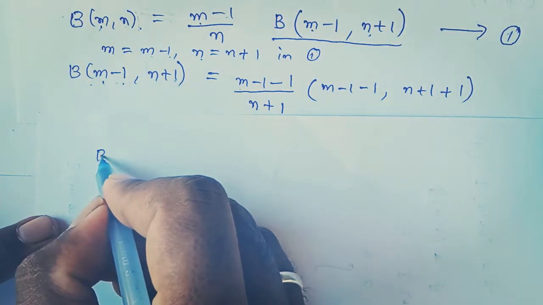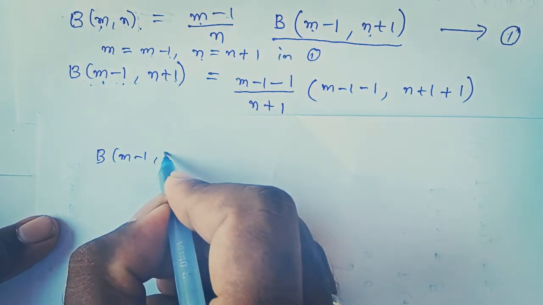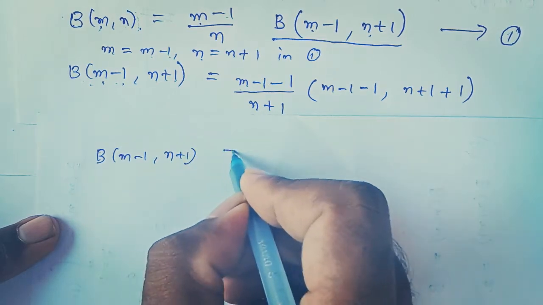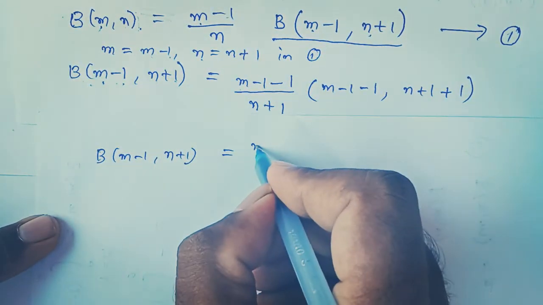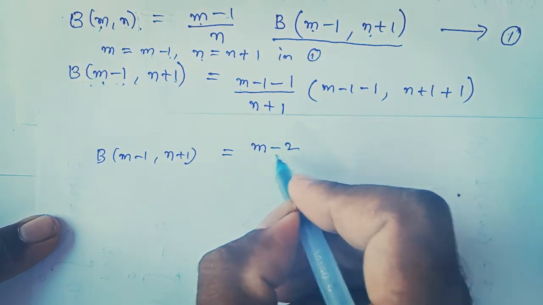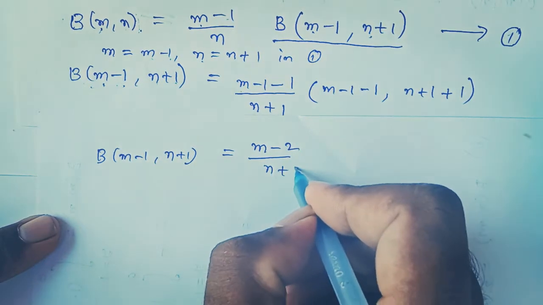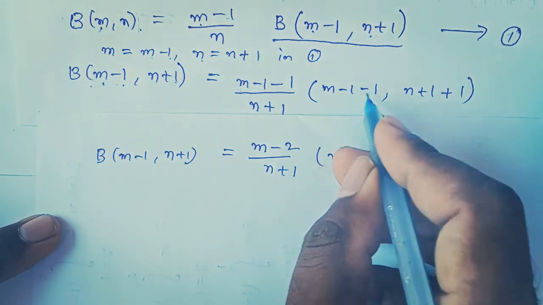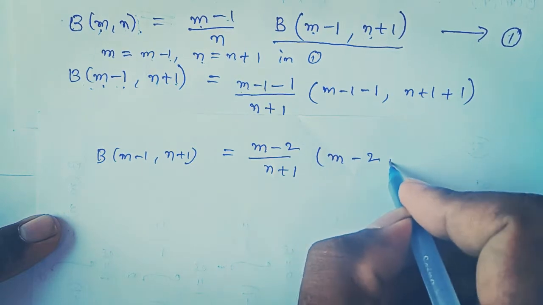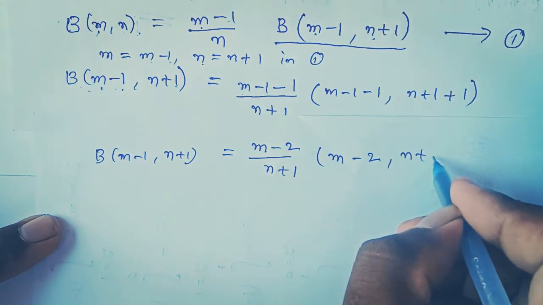Therefore B of (m-1, n+1) is equal to (m-2)/(n+1) into B of (m-2, n+2).